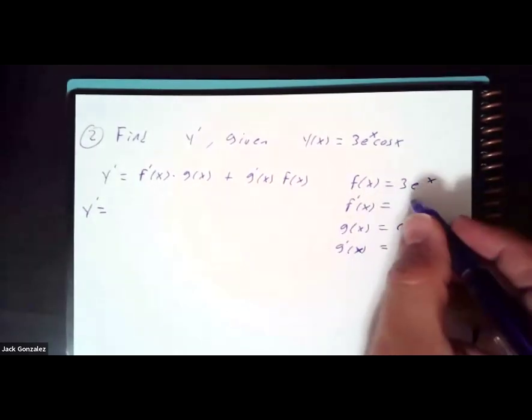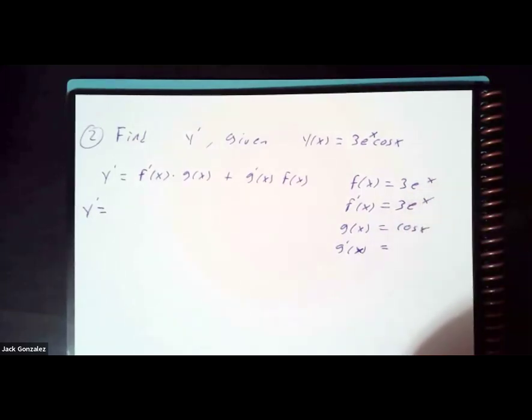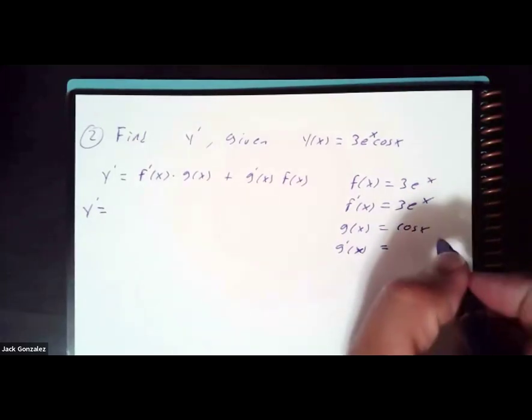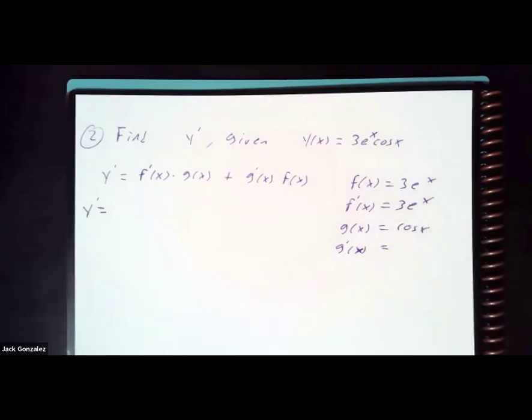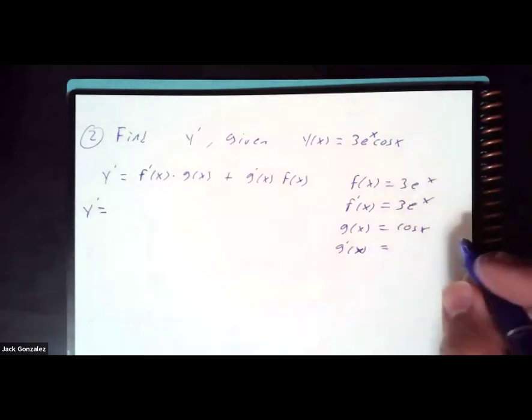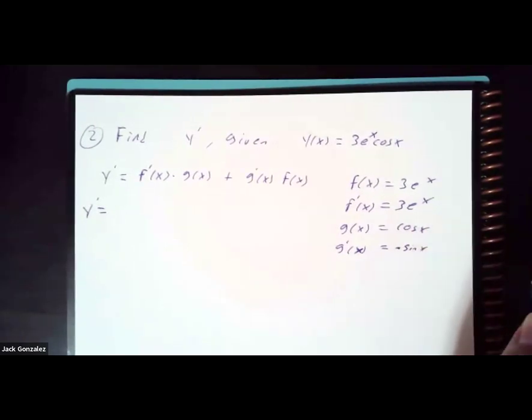So it'll just be itself. That 3 doesn't do anything. Do y'all remember the derivative of cosine? Negative sine x. Yeah, it's going to be negative sine. So we got everything we need.